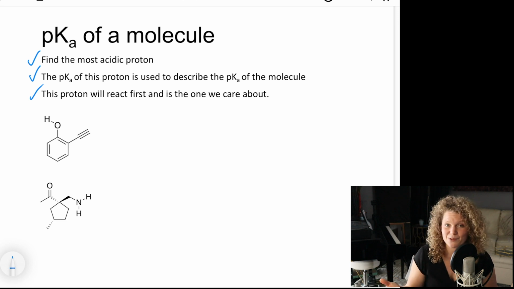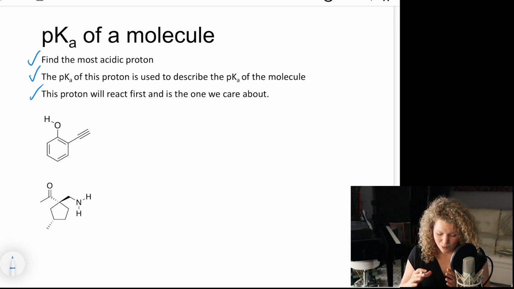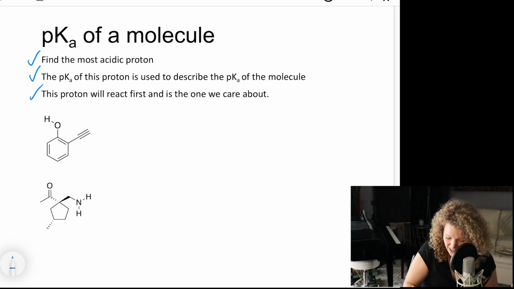So I have two examples here, two molecules. Now, when you start to see molecules that are more complex, it's really easy to kind of freak out a bit. No need to do that. We're just going to look and see if any of these protons are somewhat acidic. This is going to become easier with practice. Sometimes you have to draw in protons. So here I see a proton on our phenol.